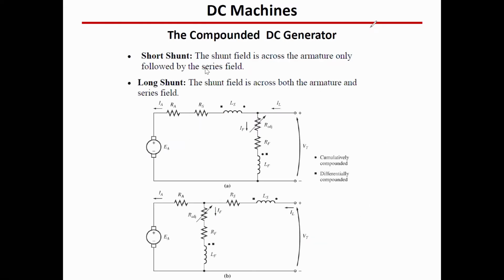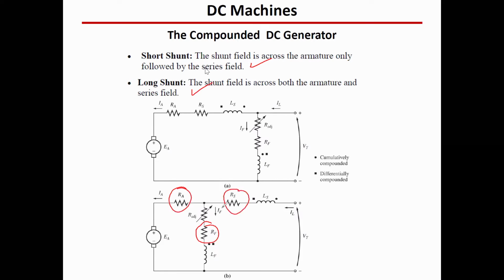The compound DC generators, as I mentioned before, this is for your information, and you need to know what are the connections of both the short shunt and the long shunt. The short shunt is basically this one, the one below. This is when we connect the field in parallel with RA, similar to the shunt.